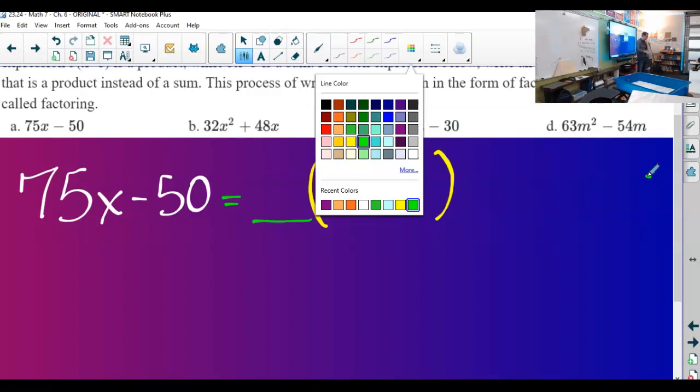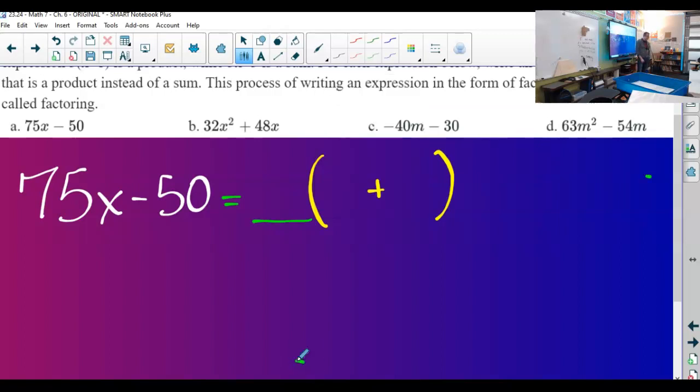I thought for that you had to find a common multiplier that gives you maybe 25. Pause for just a second. Lane's talking a little fast if you don't know what he's talking about. We need to find what they could both divide by, because we're undoing the distributive property.